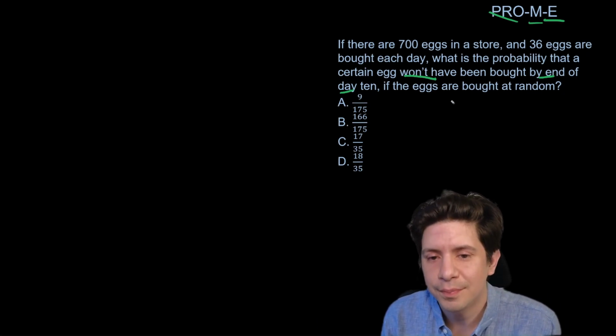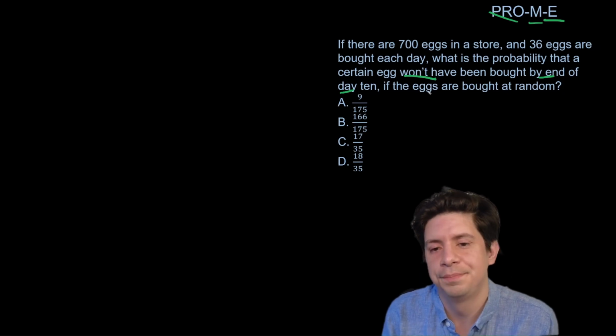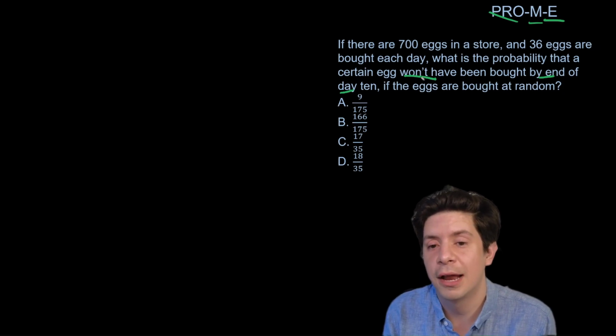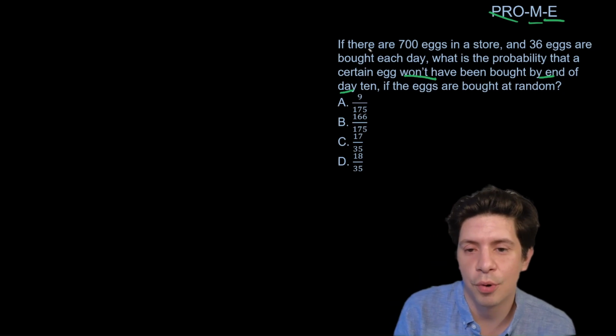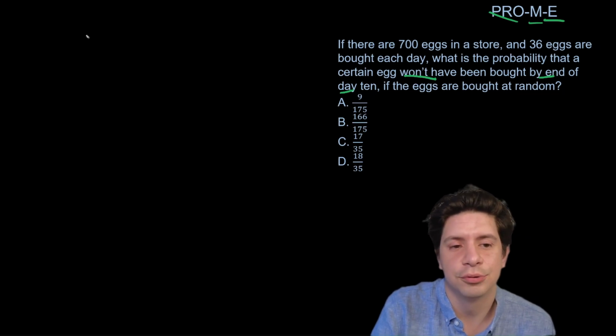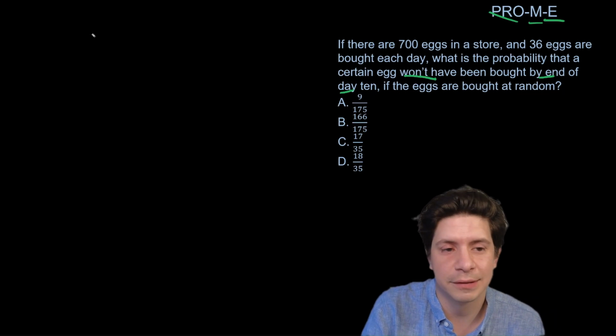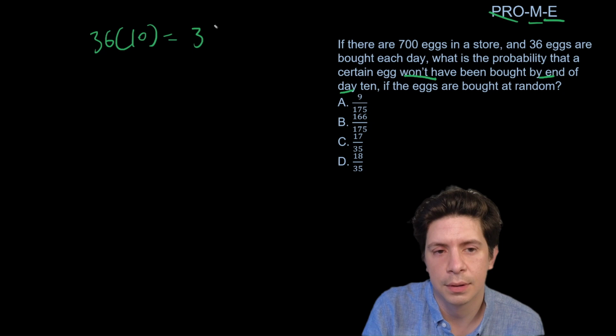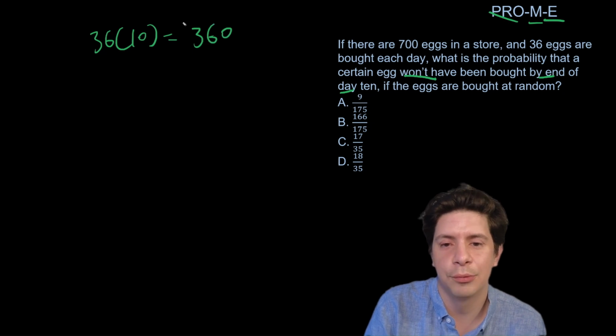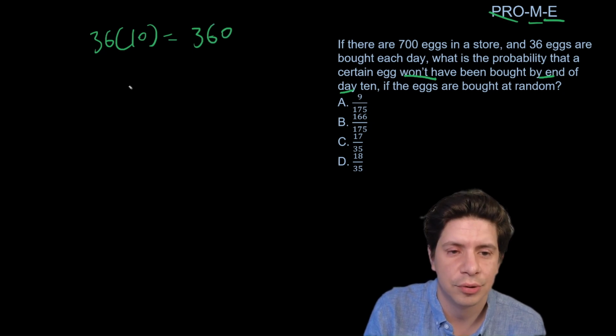So if the eggs are bought at random, what's the probability of it not having been bought at the end of day 10? So the won't, I think, is tricky. So let's find how many are bought after day 10 and then take that away from 700. So we'll do 36 times 10, that will give us 360, and we're going to take that away from 700.